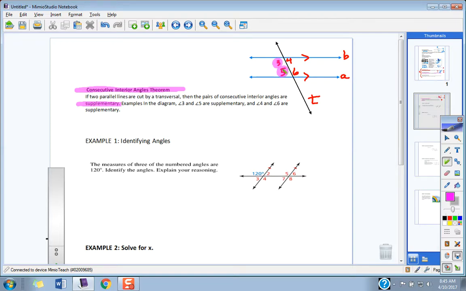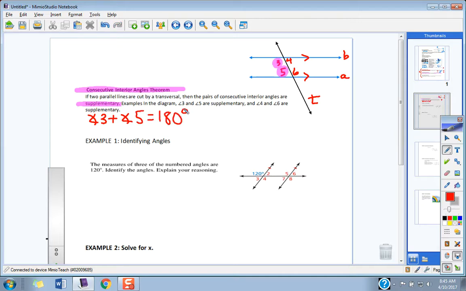And take a look at this, guys. Is angle 3 obtuse or acute? Obtuse. Is angle 5 obtuse or acute? So there's no way that consecutive interior angles in this situation are going to be equal. So angle 3 plus angle 5 has to add up to how many degrees if they're supplementary? Angle 3 plus angle 5 must equal 180 degrees.